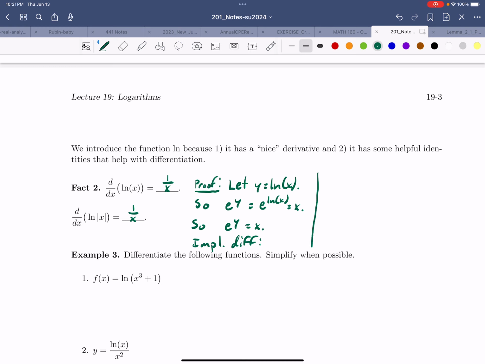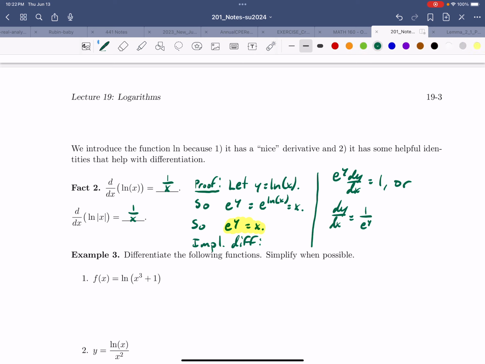And you get e to the y dy over dx equals 1, or dy over dx equals 1 over e to the y. Well, remember, we have another situation here where our answer is in terms of y, but we really want it in terms of x. But wait a minute. We know that e to the y equals x.